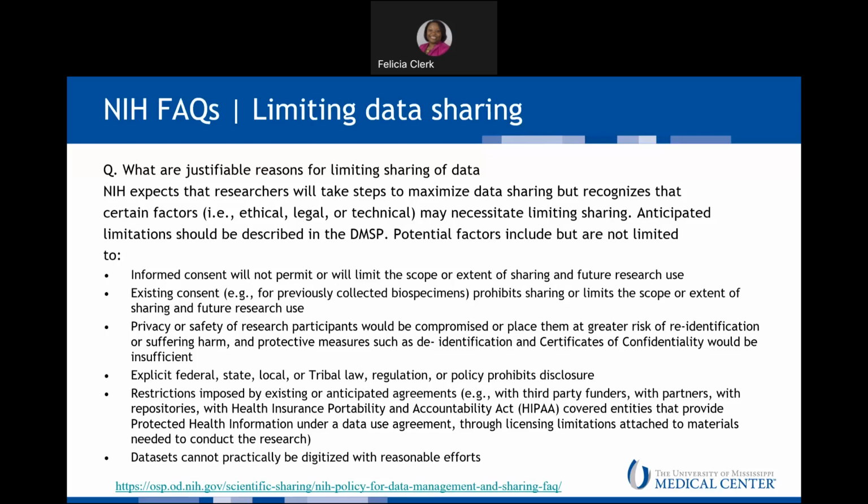Explicit federal, state, local, or tribal law regulations that prohibit disclosure. Restrictions imposed by existing or anticipated agreements with third-party funders, repositories, or with any HIPAA covered entities that provide protected health information. Data sets cannot practically be digitized with reasonable efforts.